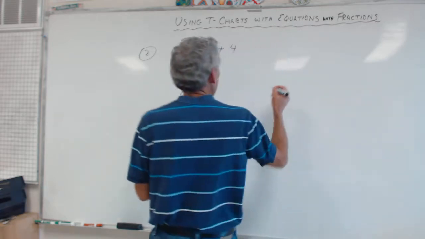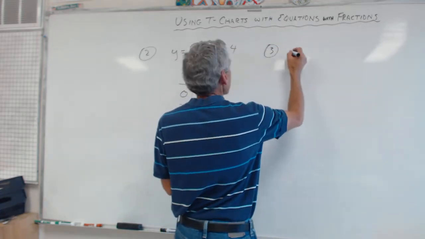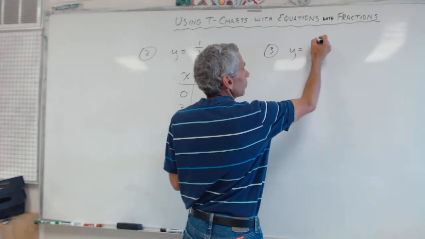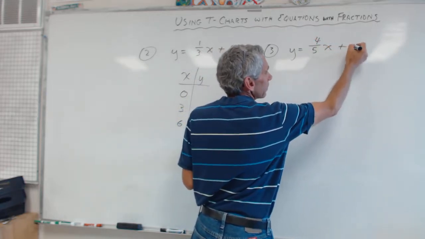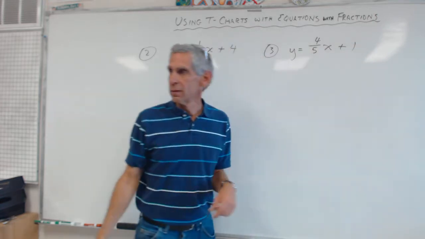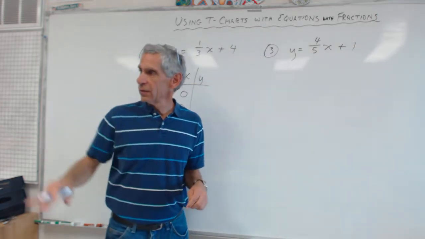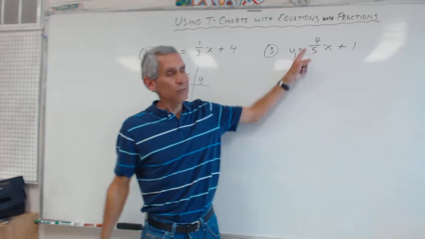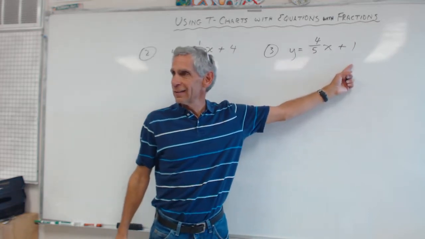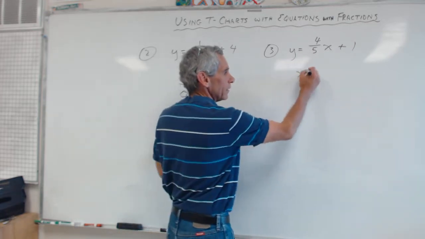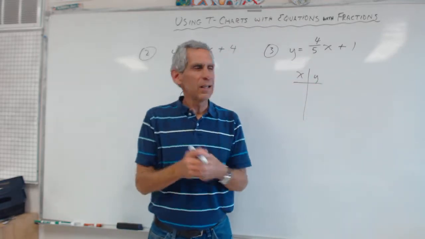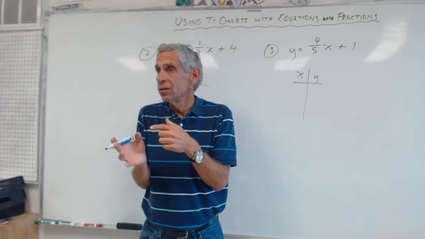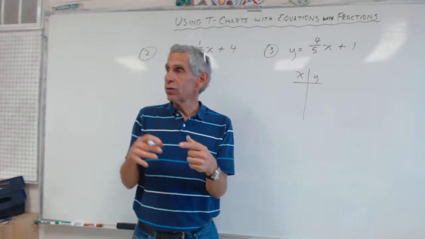Like, what if I gave you y is equal to 4/5 x plus 1? You guys paying attention? That's kind of scary. Is it going to be easy if I get like 3 2/5, or 3 1/5, or 3 4/5?